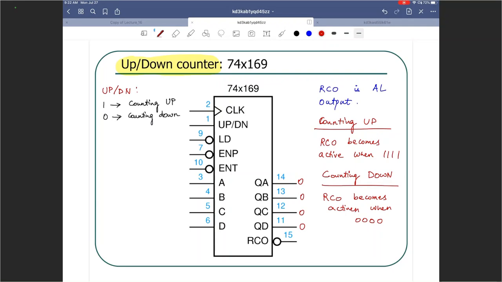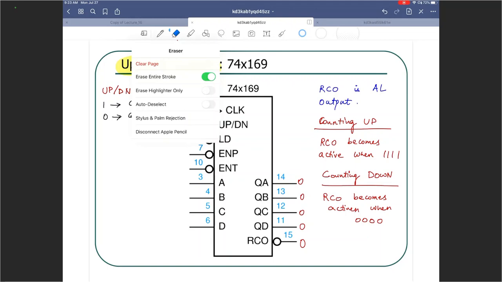So if this is 0 for counting down and the counter output is at 0000, that's when RCO will become active. So those statements should be helpful in order to understand the counting up and counting down process.